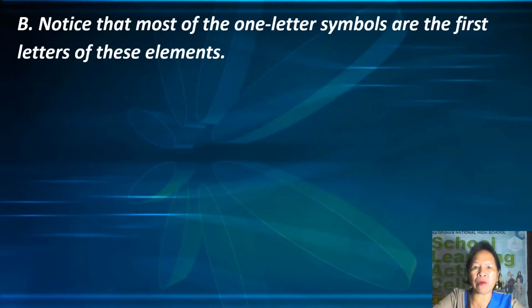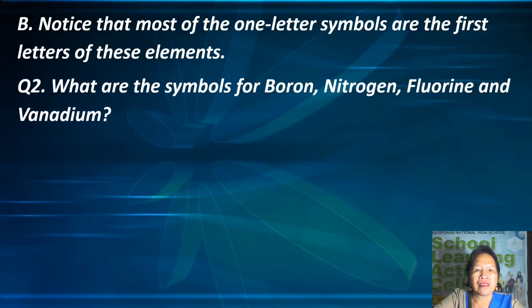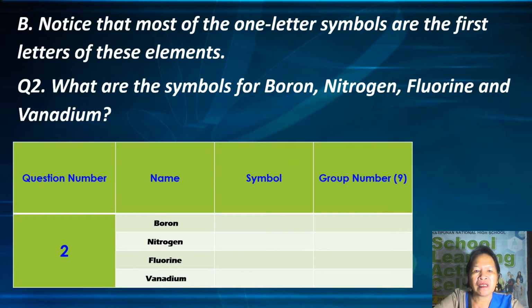Notice that most of the 1-letter symbols are the first letters of these elements. So what are the symbols for boron, nitrogen, fluorine, and vanadium? You write it on number 2 in your table. So what is the symbol for boron?